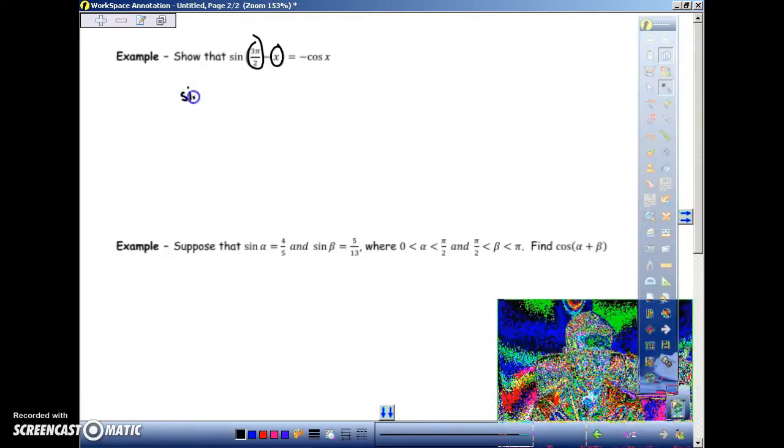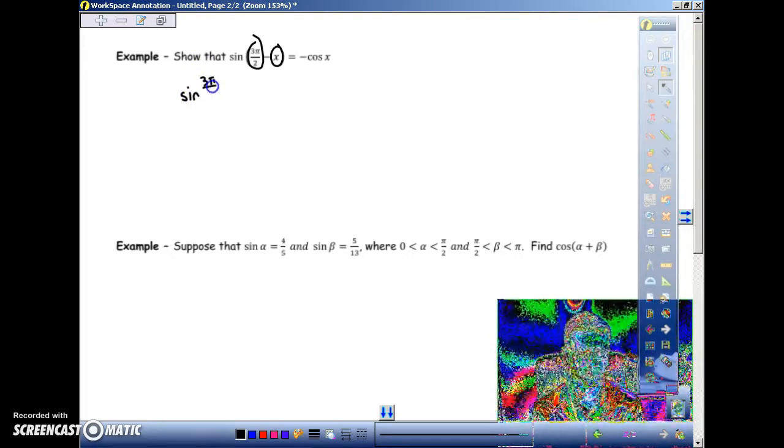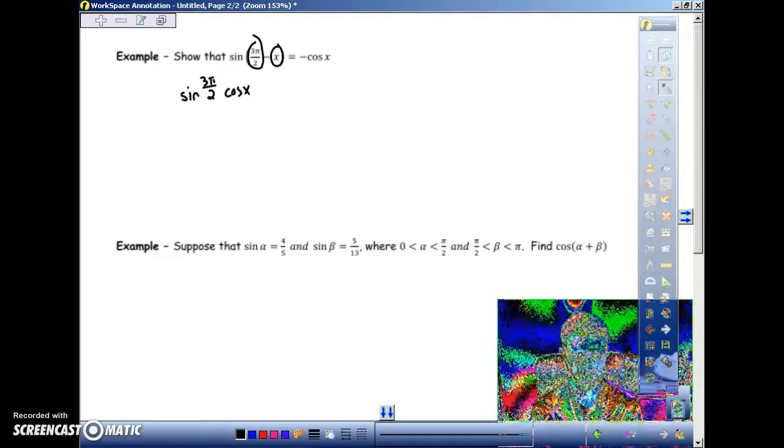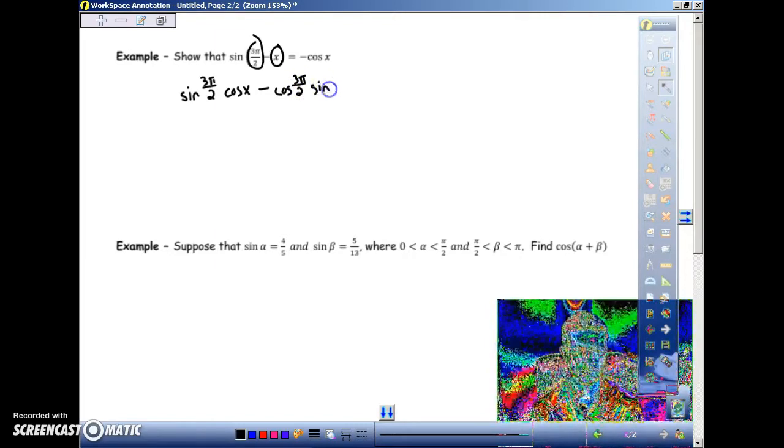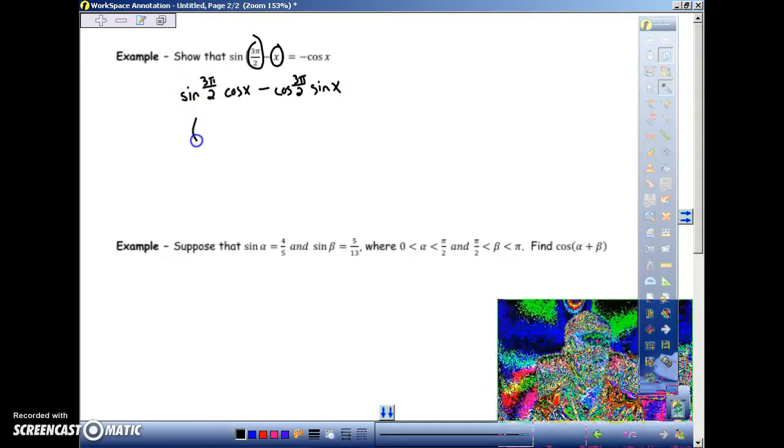Because it's the sine, it's going to be the sine of 3 pi over 2 times the cosine of x, and then it'll be minus the cosine of 3 pi over 2 times the sine of x. And then what we do is we just evaluate. The sine of 3 pi over 2 is negative 1.